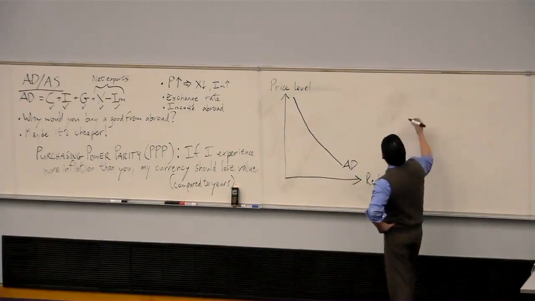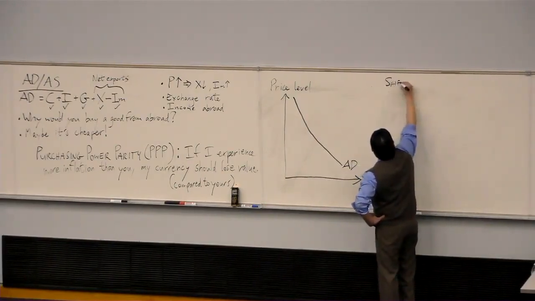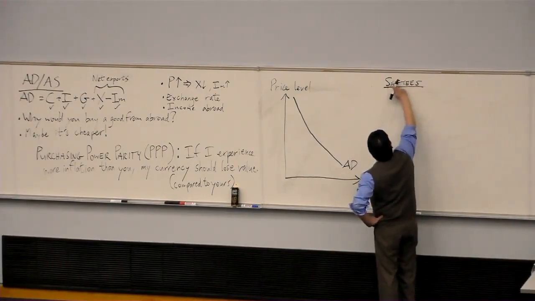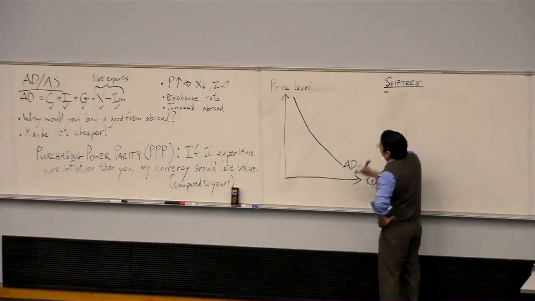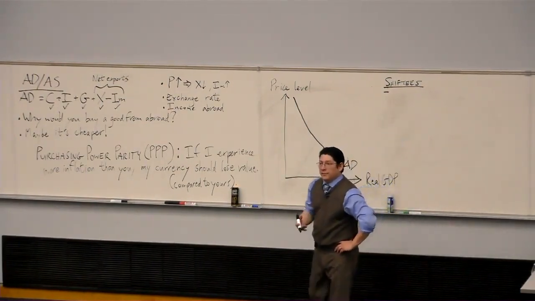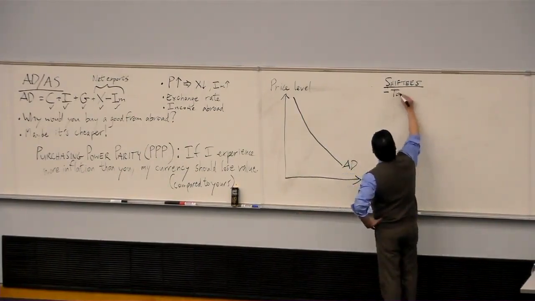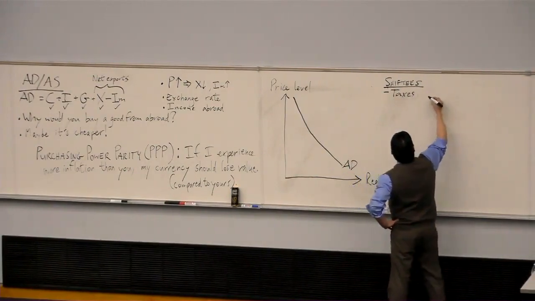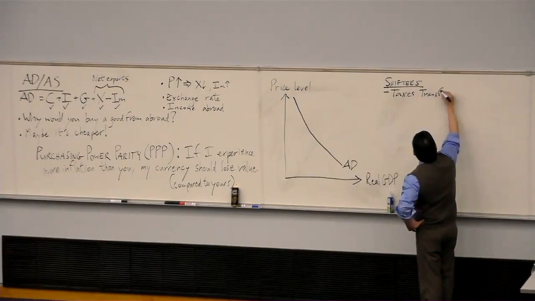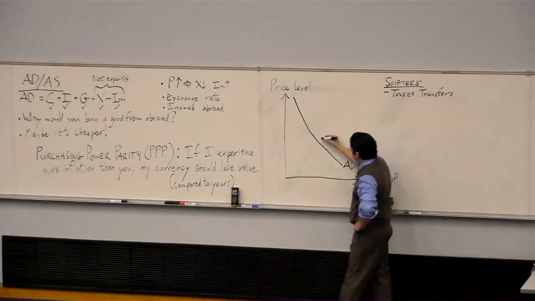So starting with consumption, the first thing we discuss with consumption is that it's limited by disposable income, and so the things that affect disposable income are going to matter. Disposable income is income minus taxes plus transfers, so changes in taxes and transfers should affect the position of the demand curve.